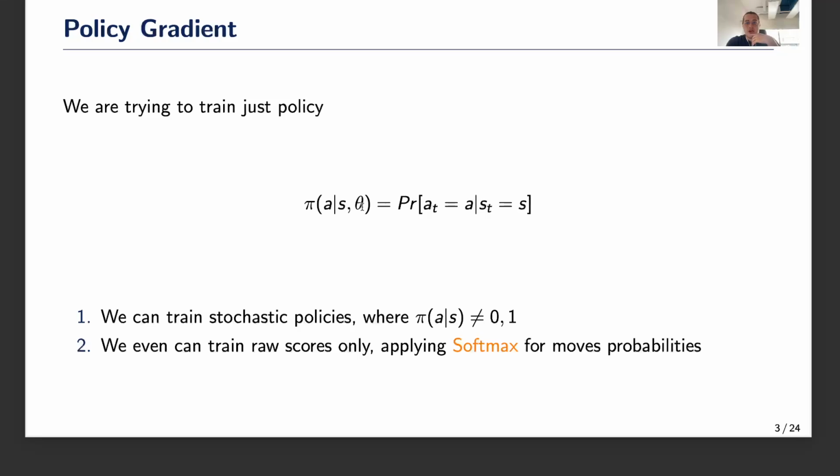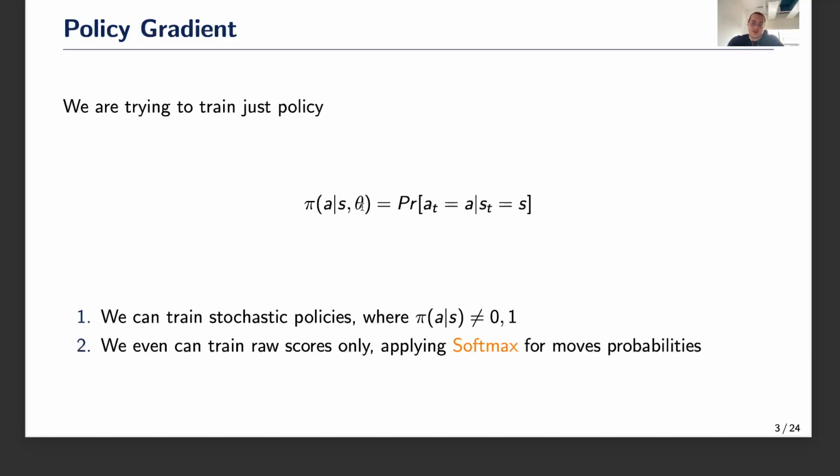Now typically theta will be the parameters of our neural network, because we are talking about neural networks. So our goal is to optimize those parameters such that the expected cumulative reward is maximized.